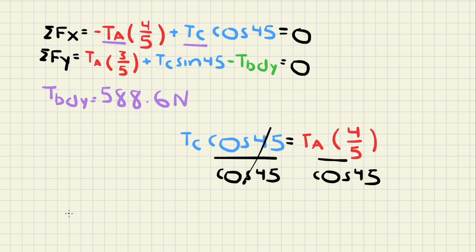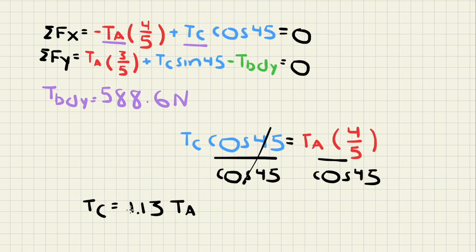That leaves us with TC equals 1.13 TA. 4/5 divided by cosine 45 is 1.13, so that's how we get this.